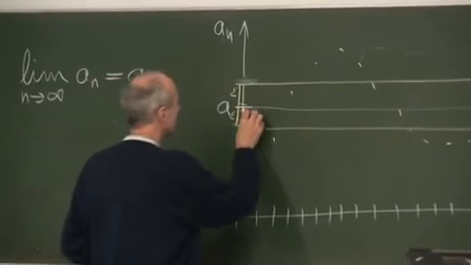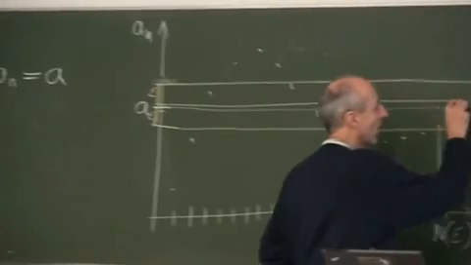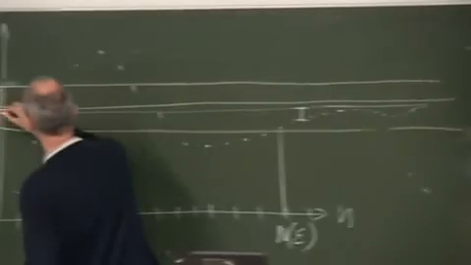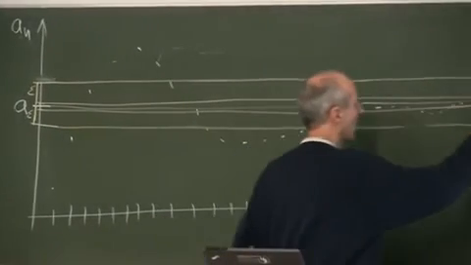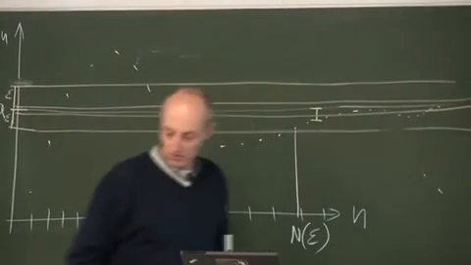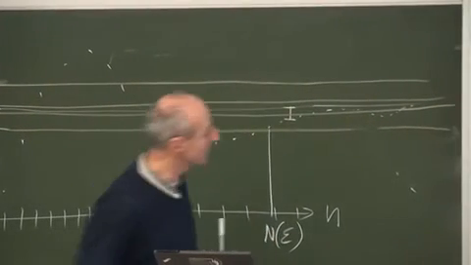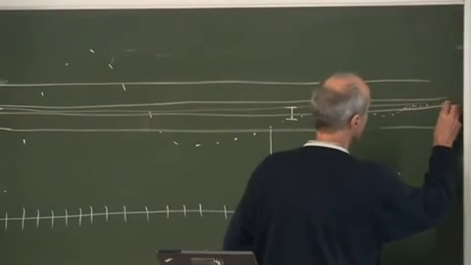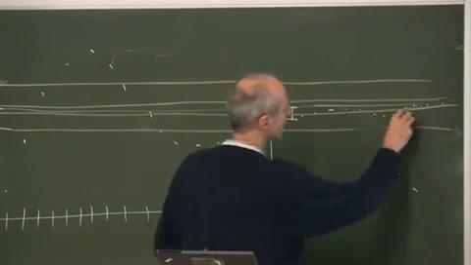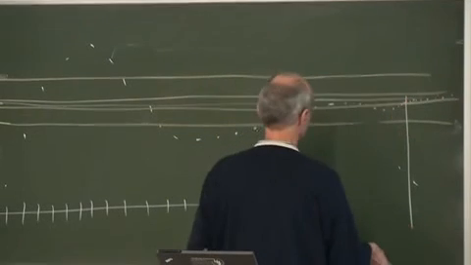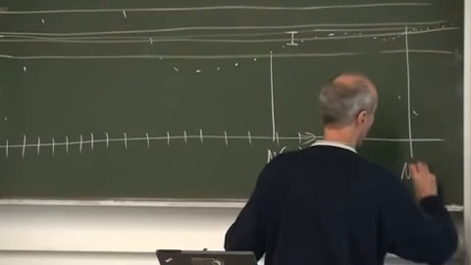Now what happens if I take an even smaller epsilon like this? What happens is I get this ribbon, which is much more narrow. And as you see here, suppose it continues really inside here, then this is our critical n of epsilon.